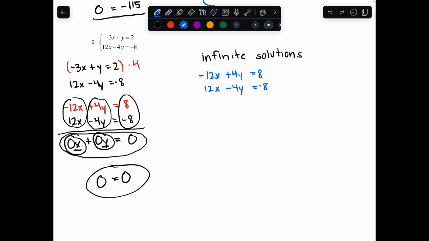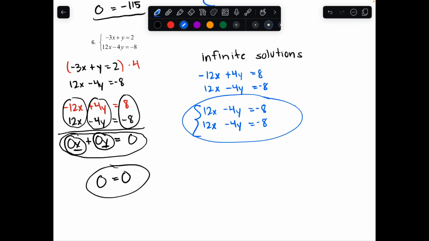We're going to have 12x minus 4y is equal to negative 8. And then our bottom equation was 12x minus 4y is equal to negative 8. So what do we have here? Our system of equations is really a system of two of the same equations. So when we have two of the same equations, it turns out I have infinitely many solutions.